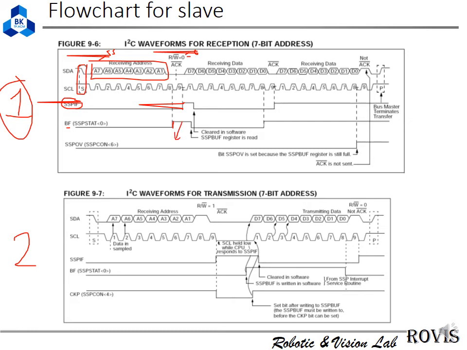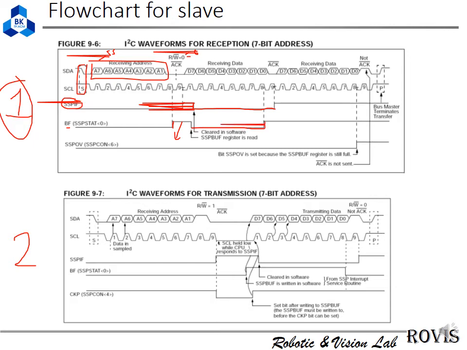Then when we read the data, performing the reading of the buffer, after we read the buffer, the interrupt will go down, go low. Okay, the interrupt will go low. And then we receive another data here.